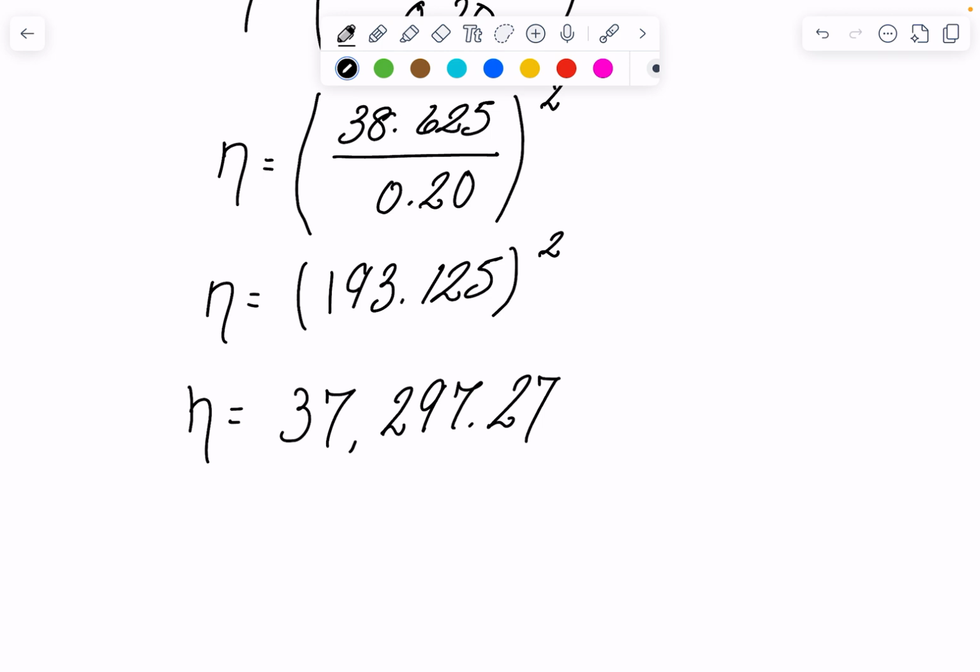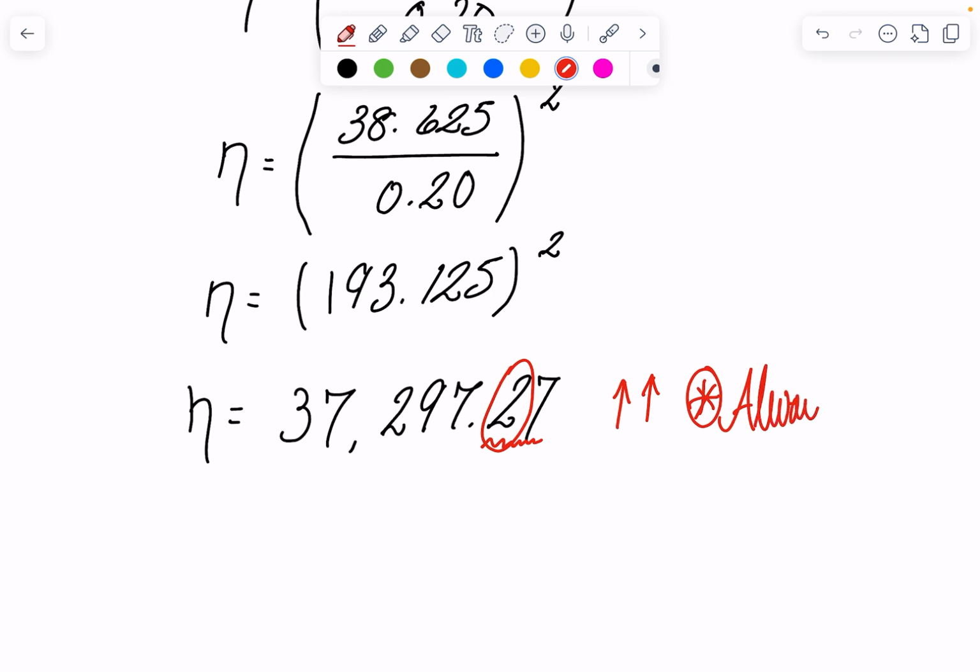I would be very concerned if we had 0.27ths of a person, and we cannot leave our answer like this. So anytime we have a sample size, we're going to be rounding our value. Specifically, we're always going to round up. Okay? Even if this number in our tenths place is telling us to round down.